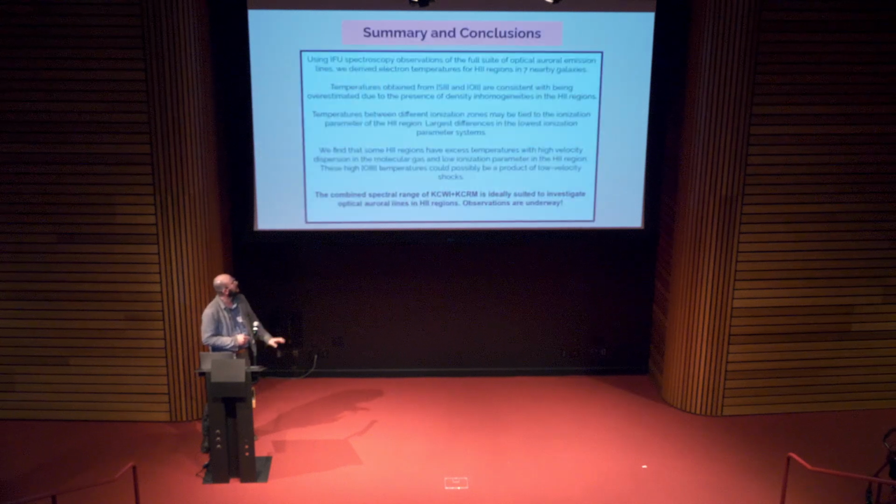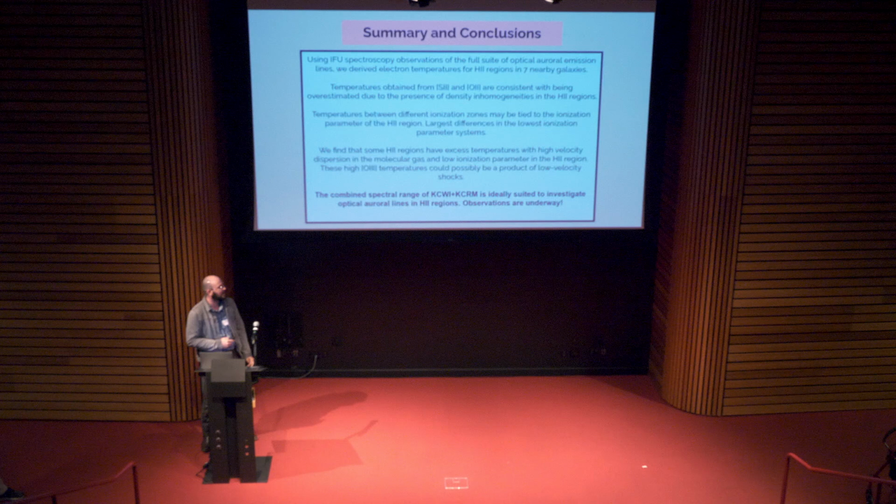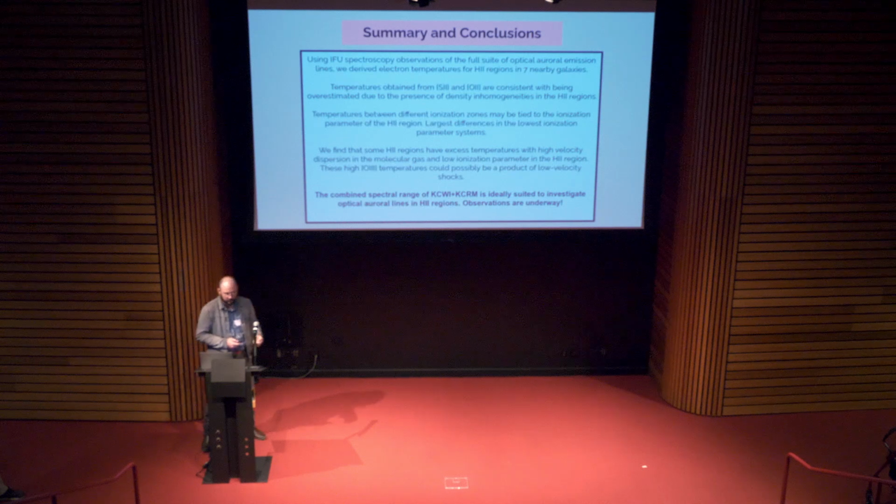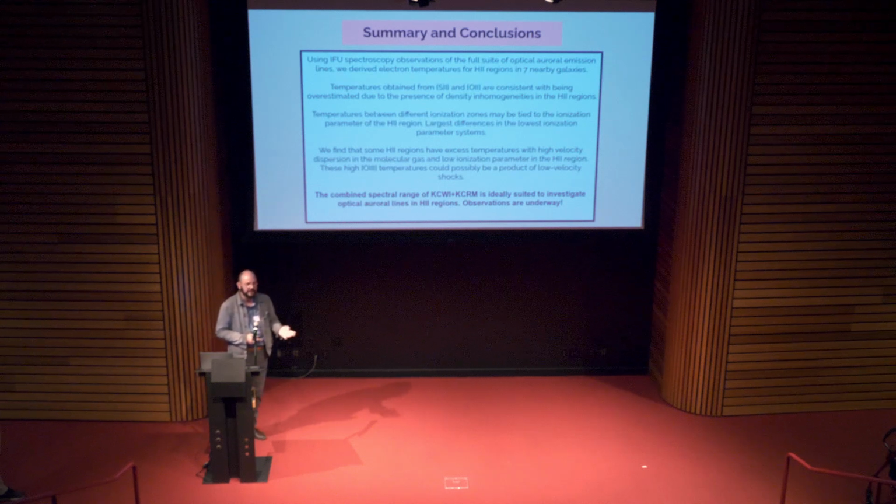So again, just closing, we measured auroral lines in H2 regions for nearby galaxies. We were able to measure all 5 temperatures from the different ionization zones. And then we compared those to themselves and to different H2 region properties and find that sulfur-2 and oxygen-2 temperatures may be biased due to underestimated electron density, and that nitrogen-2 and sulfur-3 temperatures seem to agree pretty well with models.